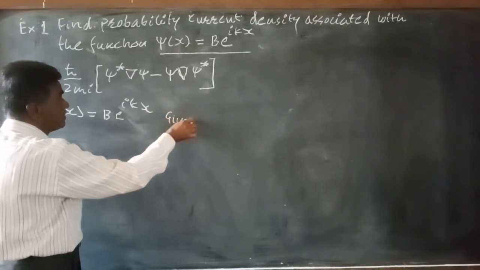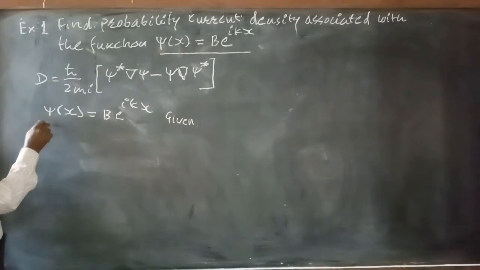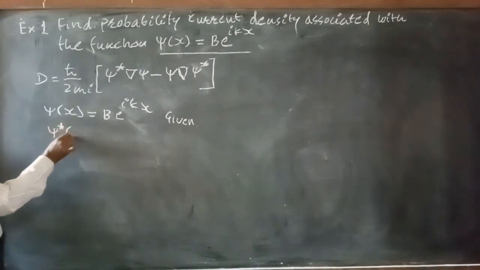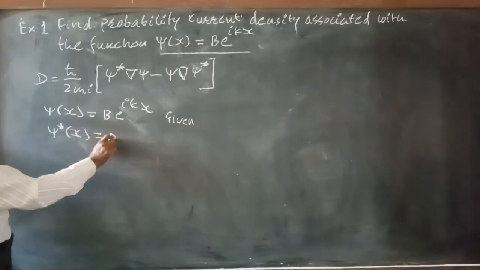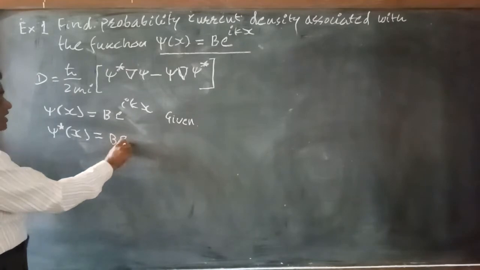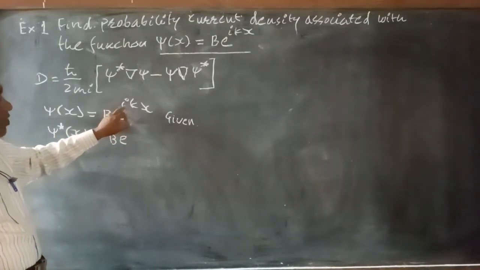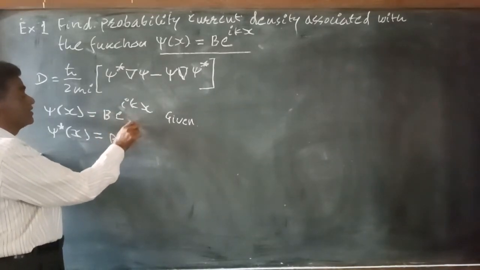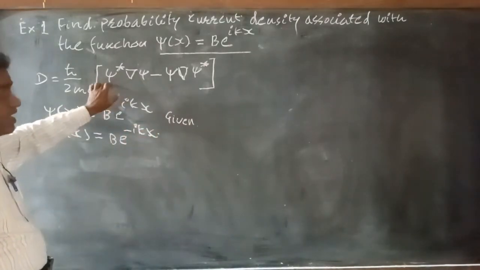Now we will take the complex conjugate of this wave function, psi star, which is b into e to the power minus ikx. The complex conjugate of any function can be obtained by replacing the sign of the imaginary term. So we obtain psi and psi star.